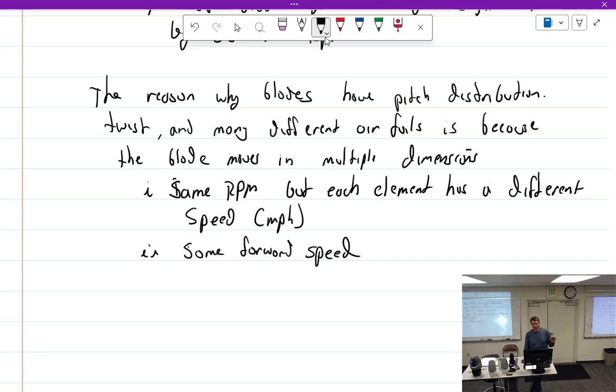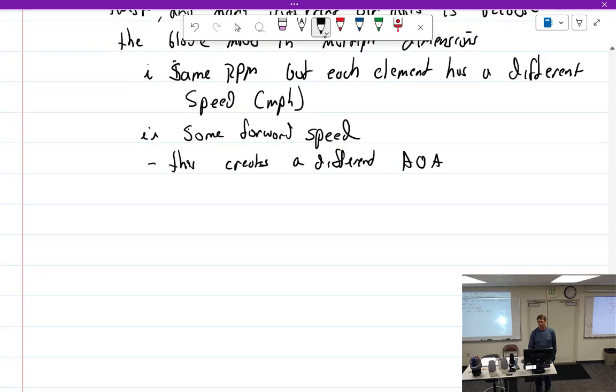So we have different miles per hour in a circle, but the same forward speed of each element. So it's 2 completely different things that you've got to match up. Forward movement of the aircraft creates different angles of attack, same forward speed. So this creates a different angle of attack on each element. I just kind of threw that in there as my own wording.